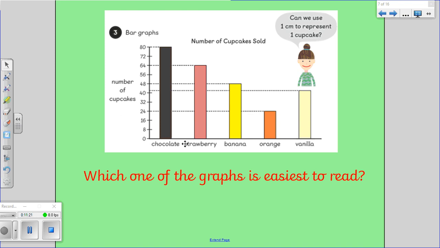So it might not be the easiest way to draw a bar graph. So that's why we have to think carefully about what our graph could go up in. Okay, it needs to be equal amounts. This is going up in 8s each time, which makes it easier to read.